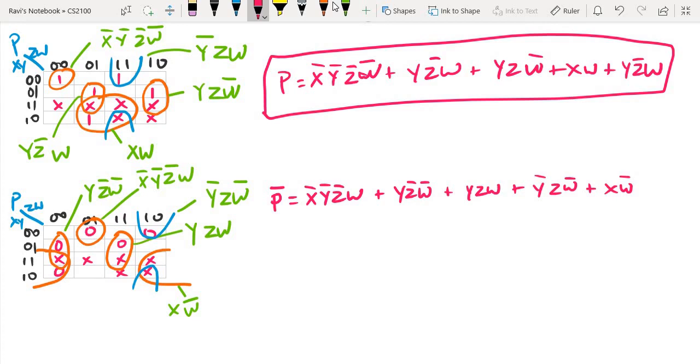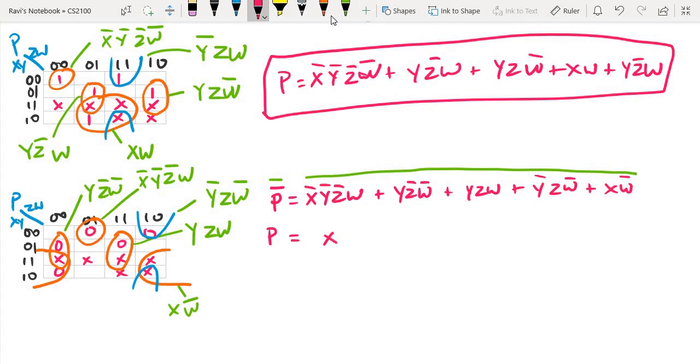Once we do this step, in order to convert this into a POS expression, I use De Morgan's theorem, which basically says I put a bar on top here and a bar on top here. So from that, what I'll get is P double bar is P.